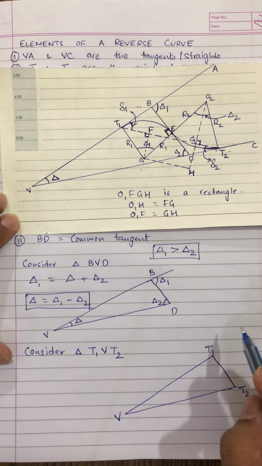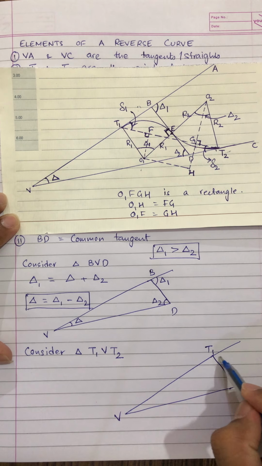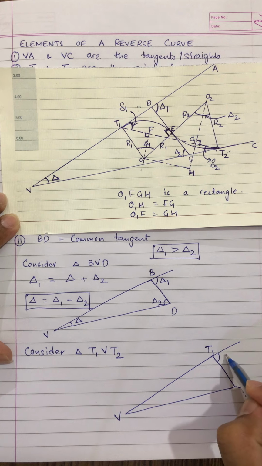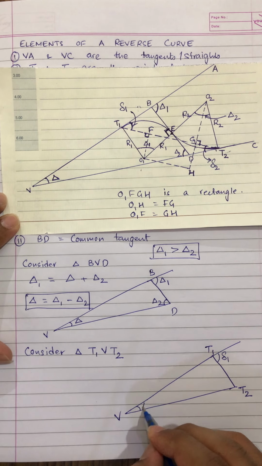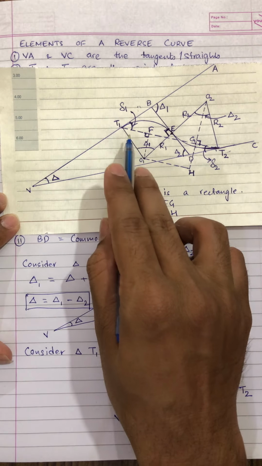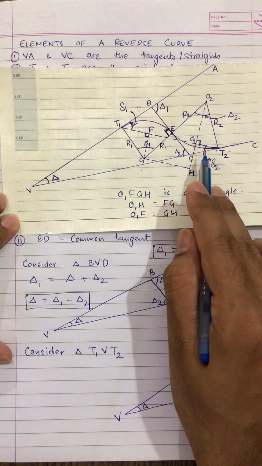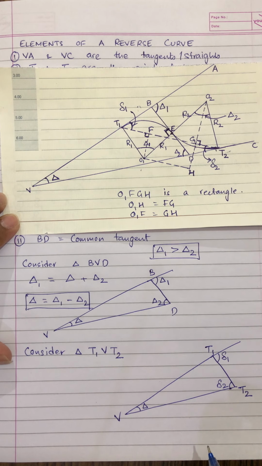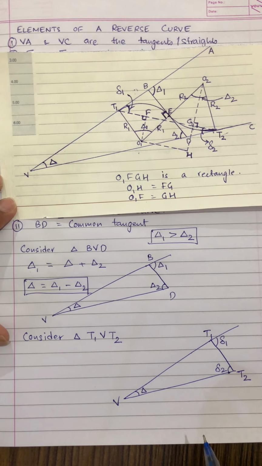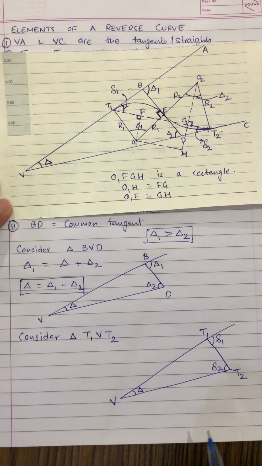Here this is the external angle, so this angle is given as del 1. This angle is delta. This angle is del 1. And this angle is del 2.